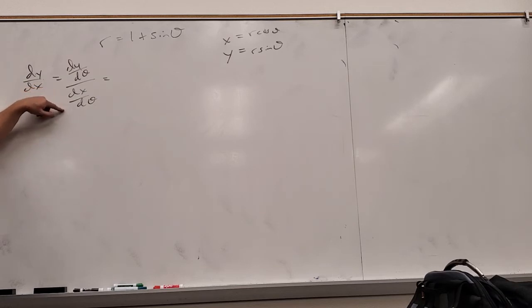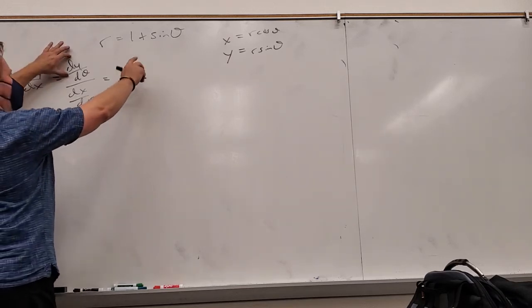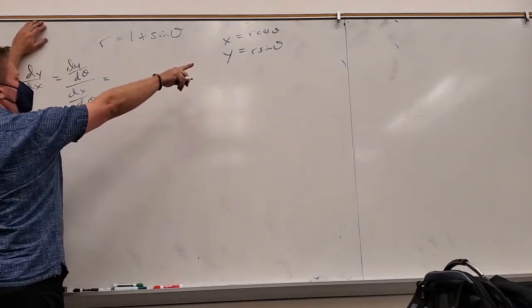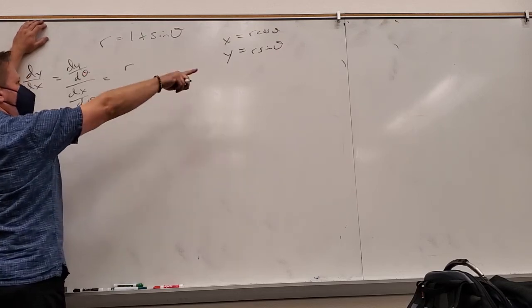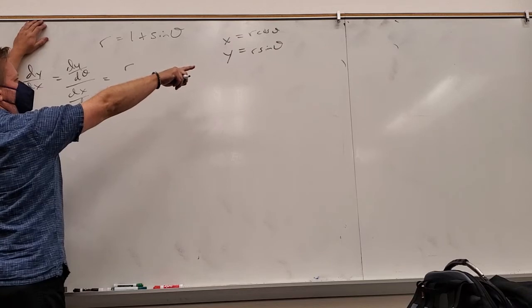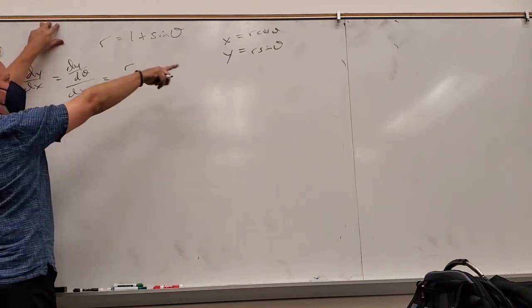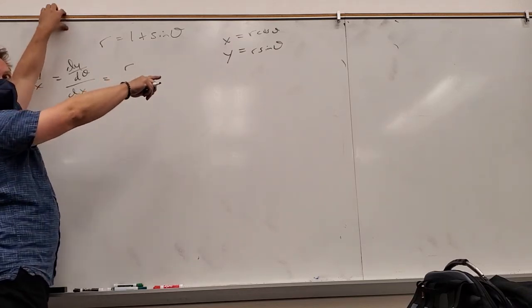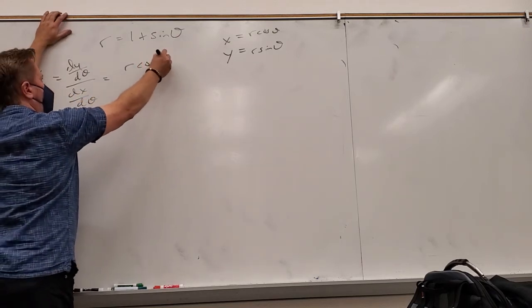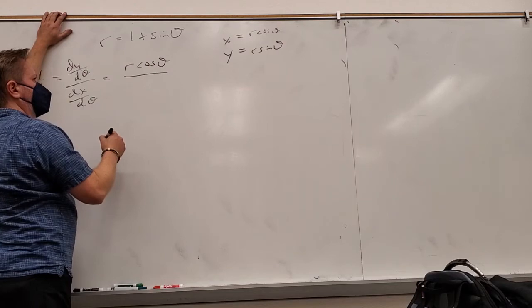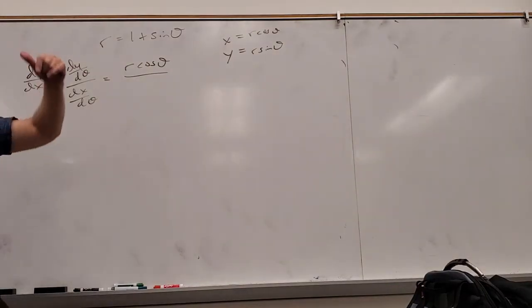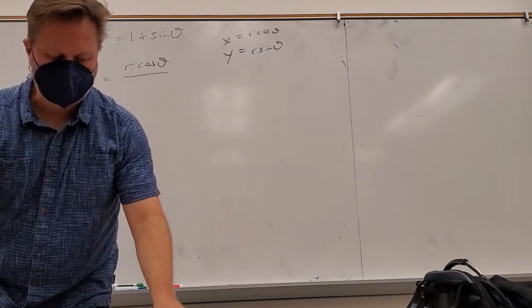What is dy d theta? y is r sine theta, what's the derivative of it? r cosine theta, because r is a constant. And what's dx d theta? Negative r sine theta.